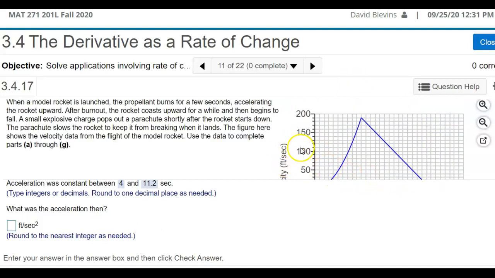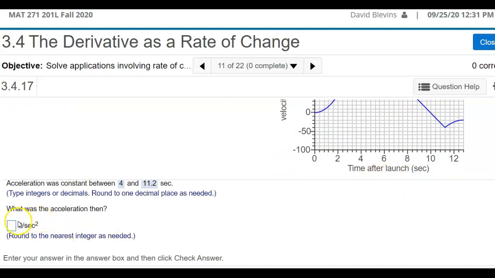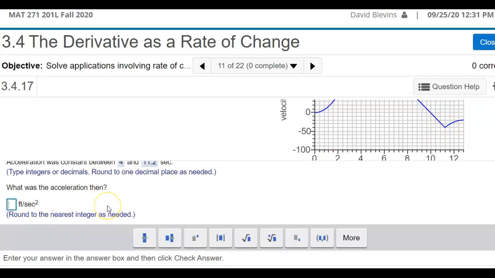So feet per second, which is feet per second squared. So it's just the change in y over the change in x from the left end of the linear part of the graph to the right end of the linear part of the graph, and they want it as the nearest integer, so that would be negative 32. All right, so instead of 31.94 repeating, we just round it to negative 32.